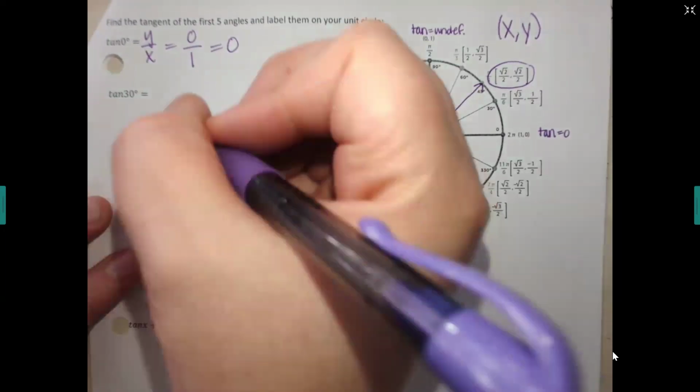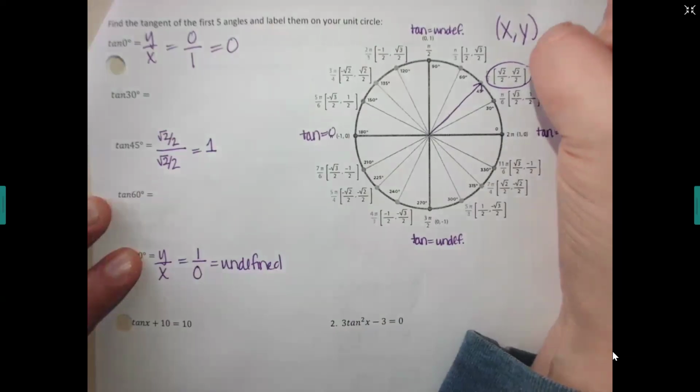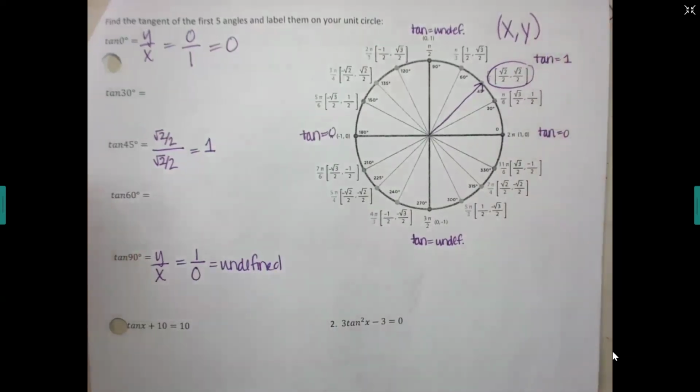Very good. So on your circle, go to 45 degrees, and put that tan equals 1. Now there are other repetitions of that same ordered pair. I had a √2 over 2 both times at 45 degrees. Also at 225, so put tan equals 1.